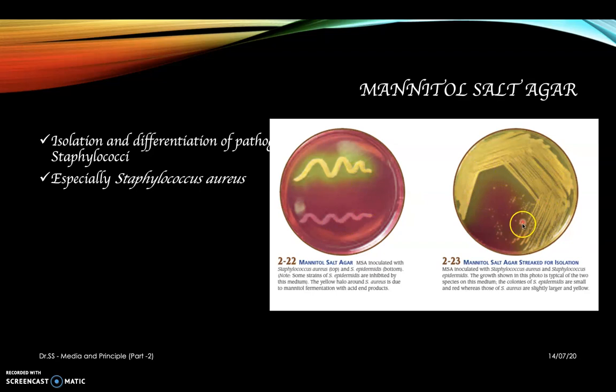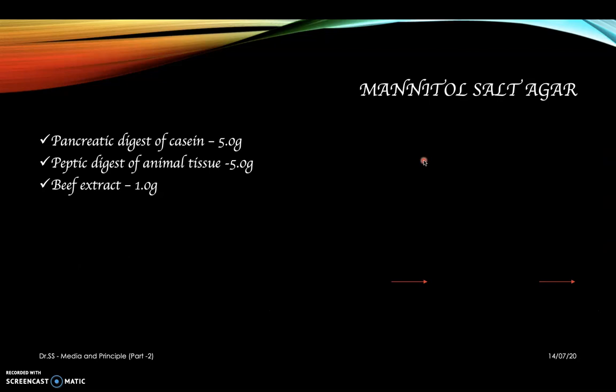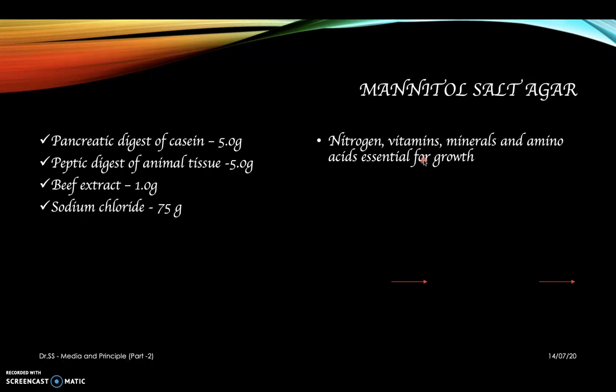See, yellow color colonies are formed by Staphylococcus aureus, whereas the small pink color colonies are formed by Staphylococcus epidermidis. The composition of this medium is pancreatic digest of casein and pancreatic digest of animal tissue, and beef extract, which act as a nitrogen, vitamin, mineral and amino acid source for the growth of the organism. Sodium chloride is for the osmotic balance.